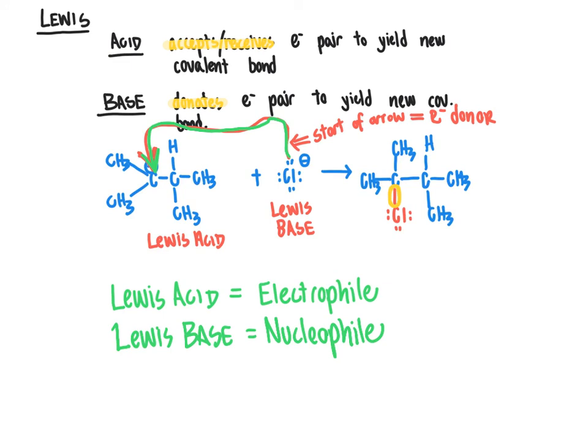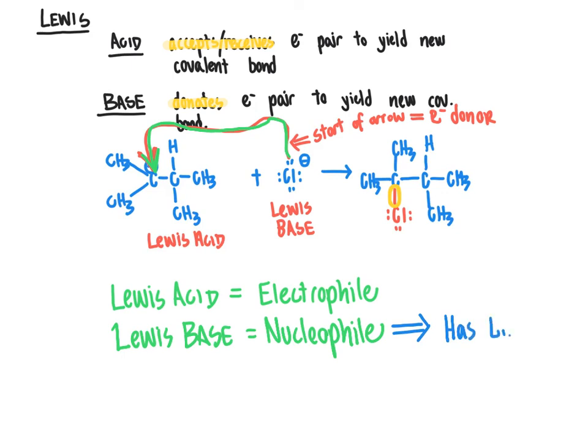So our Lewis base, in order to donate that electron pair, is going to have an excess of electrons, and it gets that excess of electrons much like looking at the definition of a Bronsted-Lowry acid or base. The excess of electrons comes from having a lone pair or a pi bond.